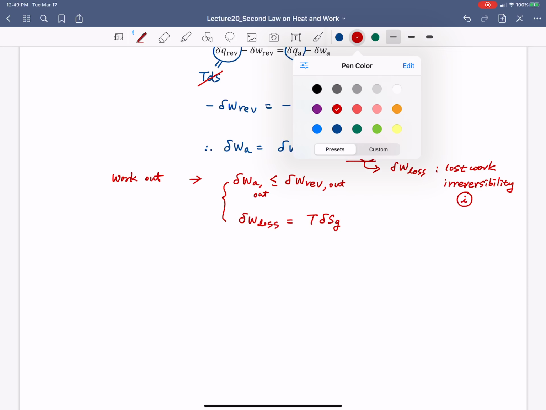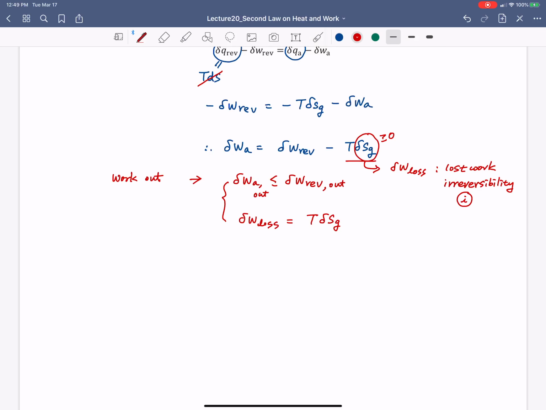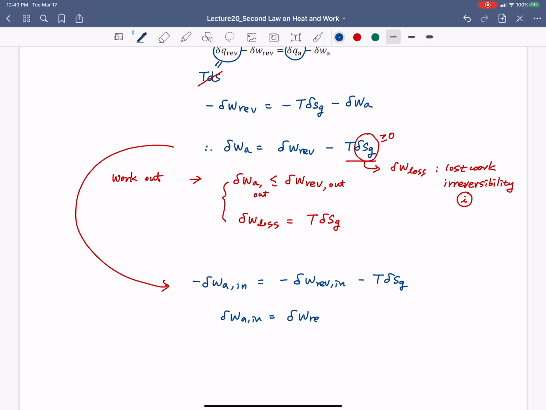What if we apply the same equation for work input, for a compressor, for example? Then this equation can be written as minus delta WA in equals minus delta W reversible in minus T delta SG. So WA in should be equal to delta W reversible in plus T delta SG.